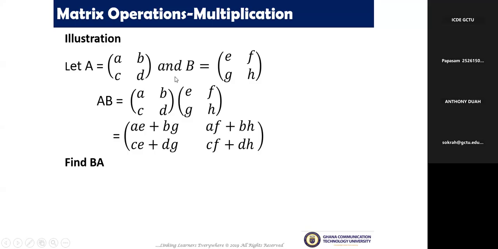Then when you finish, you use the same A, B to multiply F and H. So once again, you are taking the first row to multiply the second column. So the answer will be put in the first row, second column, as you see. If there were to be a third column, you still use A, B to multiply that third column and put the answer in the first row, third column in that order.